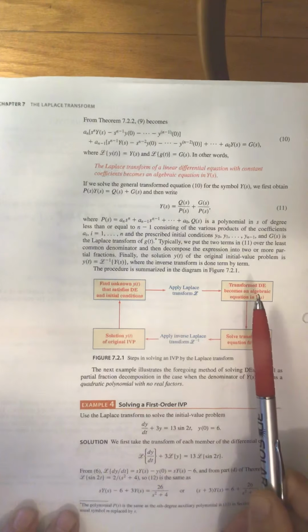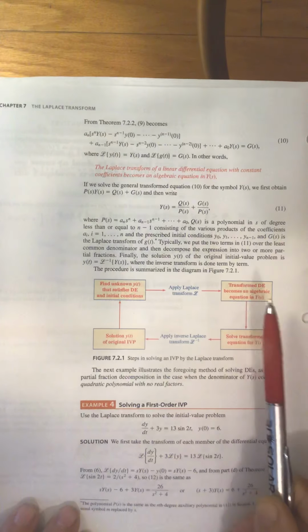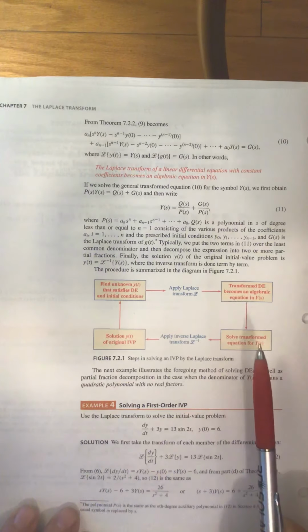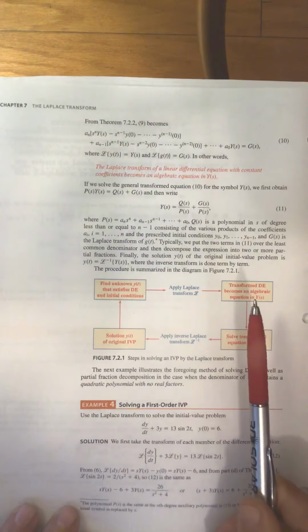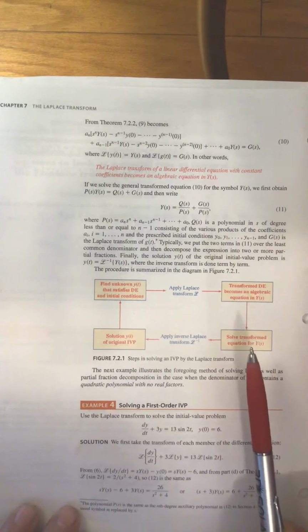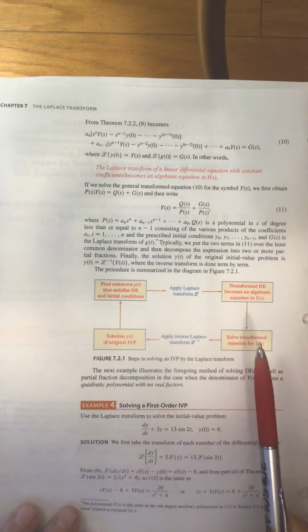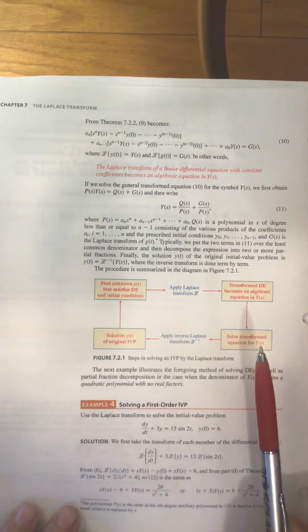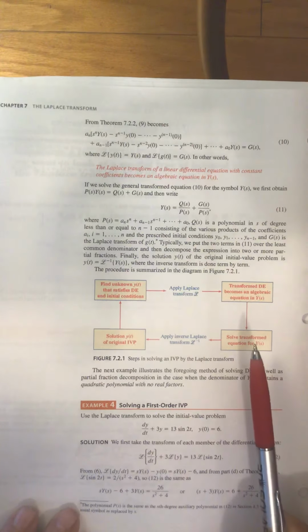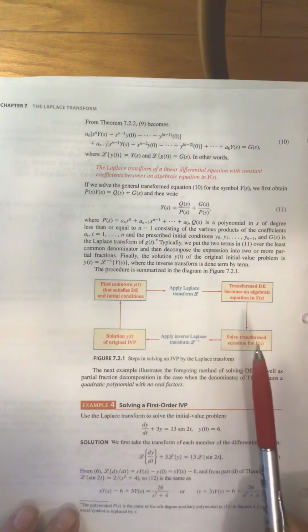Once you have that, you need to solve this new transformed function. In this case we're using s, but it could be any letter. We're going to solve this algebraically. Now we have solved for Y of s.